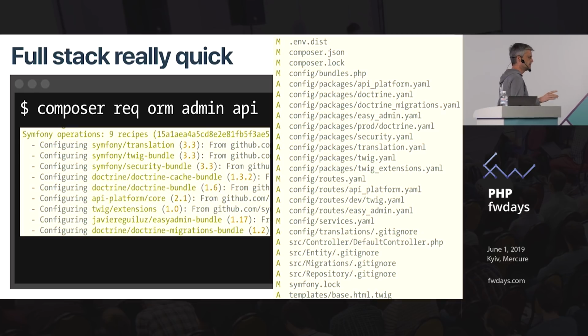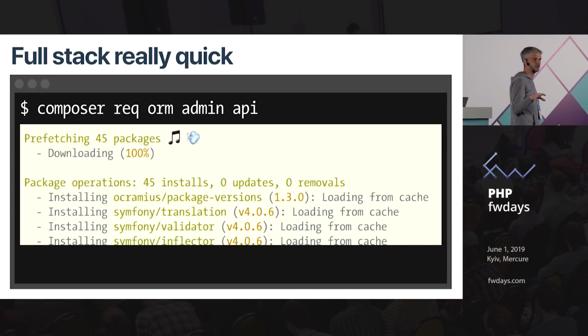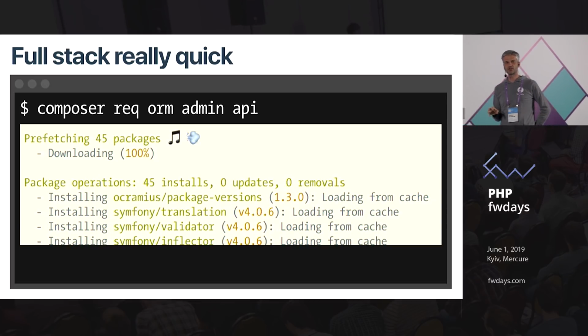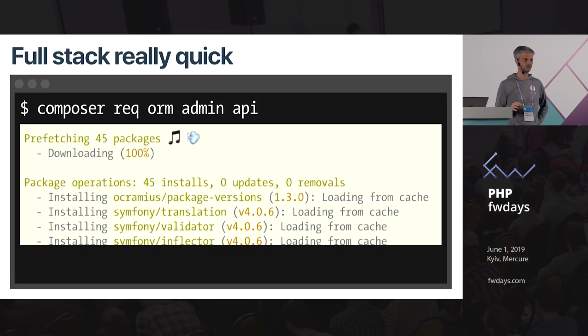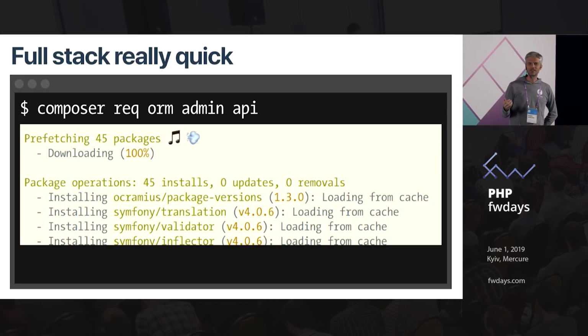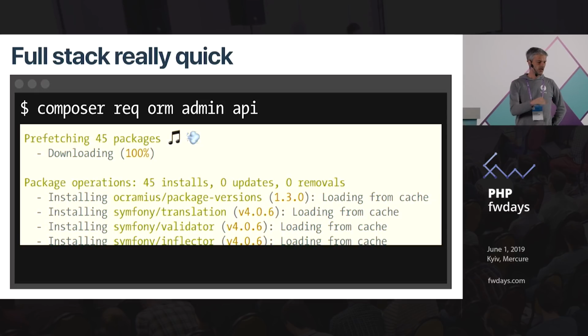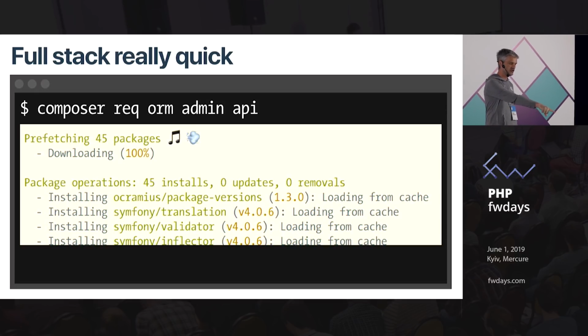One note here, I'm not sure about Ukraine, but I used to live in the US, in San Francisco. And in San Francisco, the internet is really slow. I can tell you, really slow. Yeah, that's kind of funny. So I wanted to have something really fast when creating a new project. And as you can see here, we are prefetching packages.